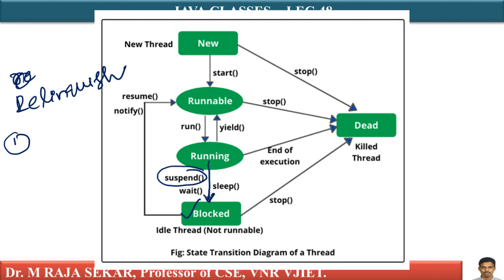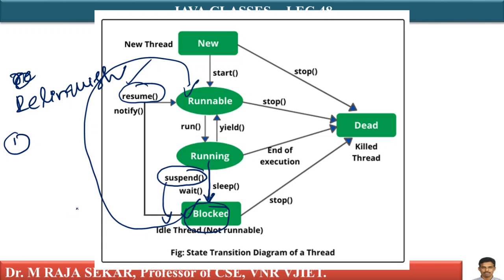I will repeat, when a thread is being suspended using suspend method, it moves from running state to blocked state. The blocked thread can be renewed using resume method, isn't it? Once it is blocked by using suspend method, which method is useful to resume? Resume method. With the help of resume method, a thread can enter from blocked state to runnable state.